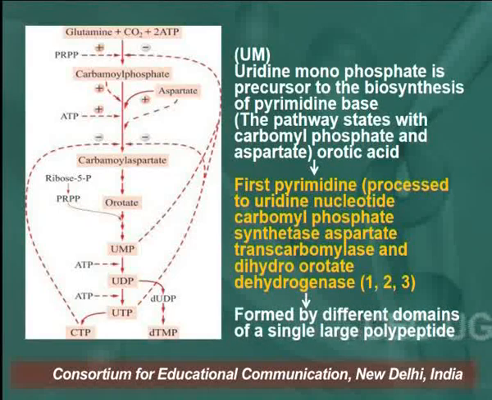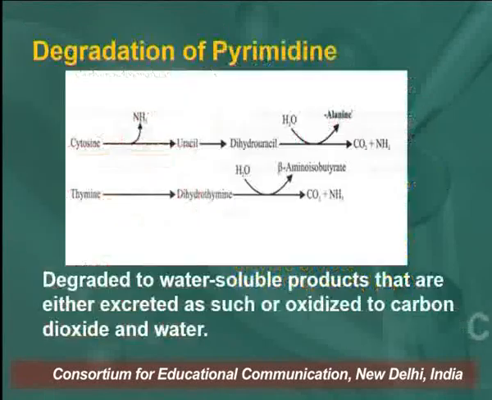Now, this is the biosynthesis of pyrimidine bases. In this slide we are looking at how the pyrimidine bases are biosynthesized, and the pathway starts with carbamoyl phosphate and aspartate reactions. Here different domains of a single large polypeptide form.